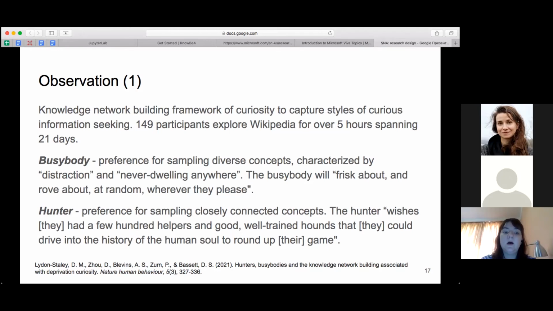And in contrast to busybodies, they identify hunters, and these individuals prefer to search for closely connected concepts and study everything about these concepts.